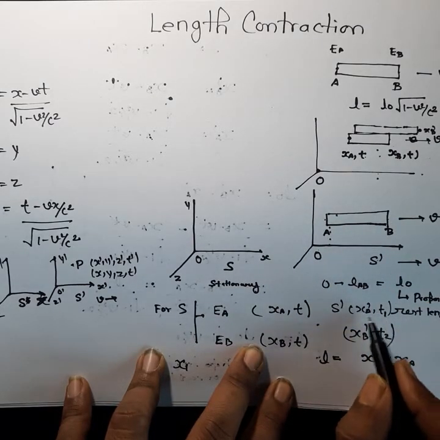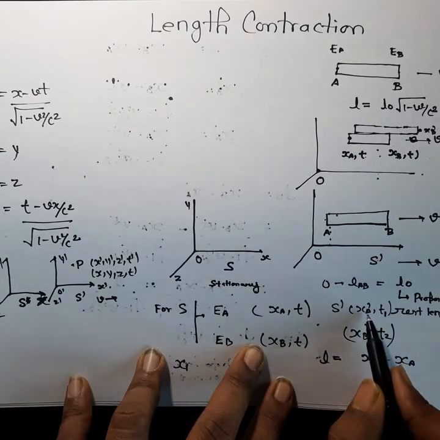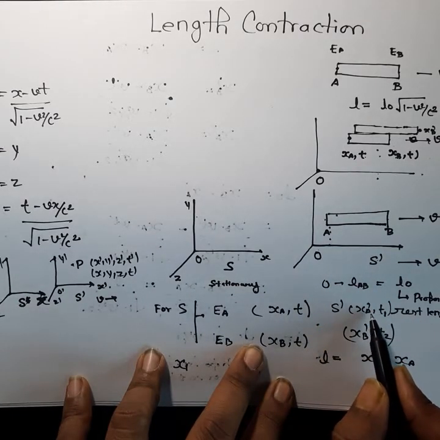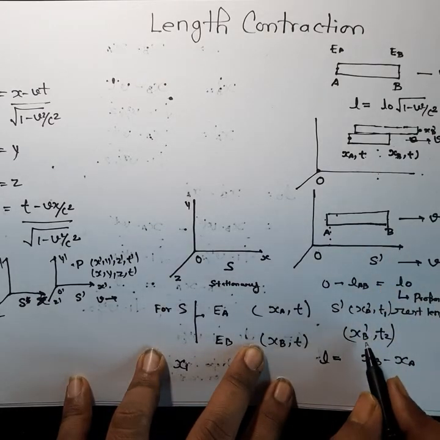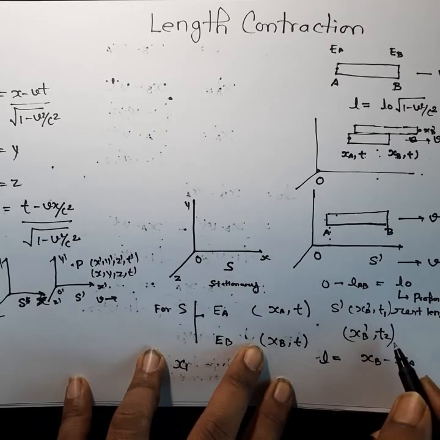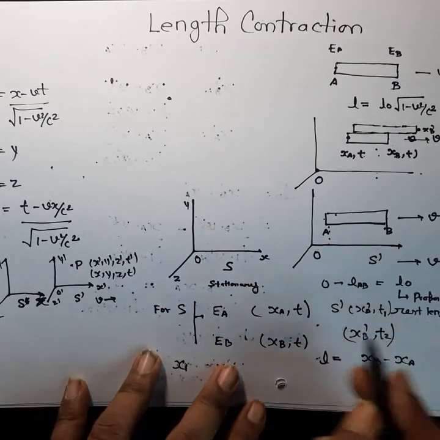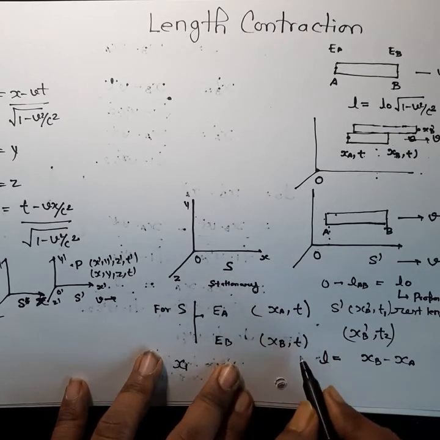That's why I have written that event A happens at position xa dash and at time t1, and event B happens at xb dash and at some different time t2. But these events happen in the S frame of reference at the same time.